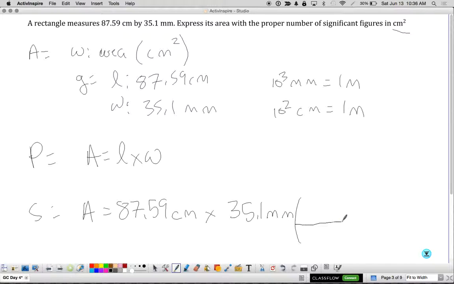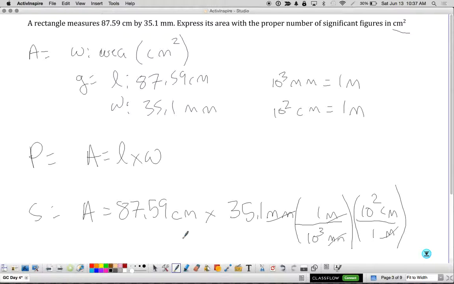All right, so I can just add right on to the end of this, right? Here's my conversion factor, millimeters to meters, because I know these, and then meters to centimeters. Okay, so now my millimeters cancel out, my meters cancel out, my centimeters times centimeters gives me centimeters squared.